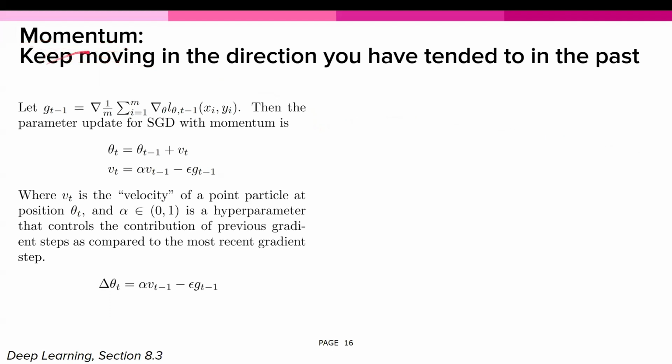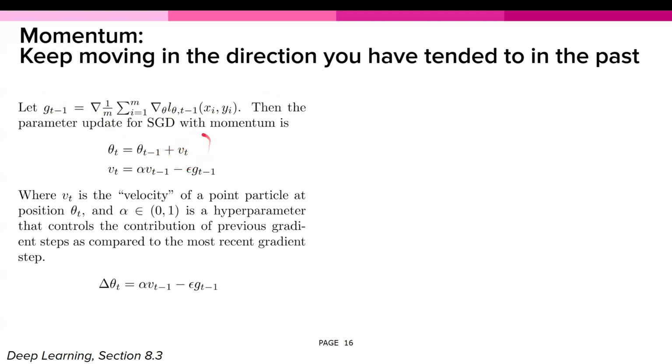This is going to result in the size of the update changing based on the previous history of updates. Specifically, if we let g of t minus 1 be the gradient at the previous time step, then the parameters theta are updated not by the gradient directly, but instead by this velocity term v.